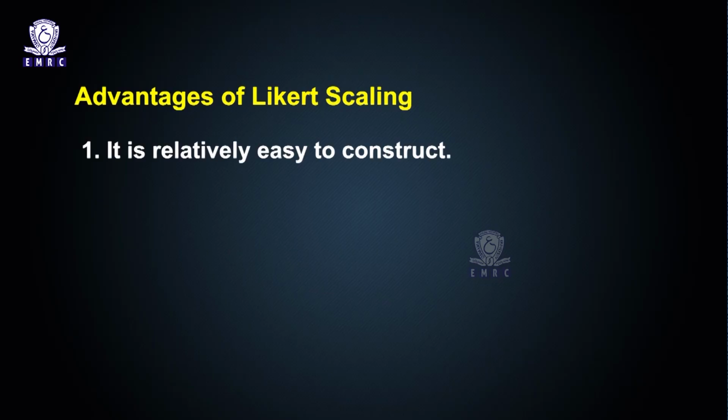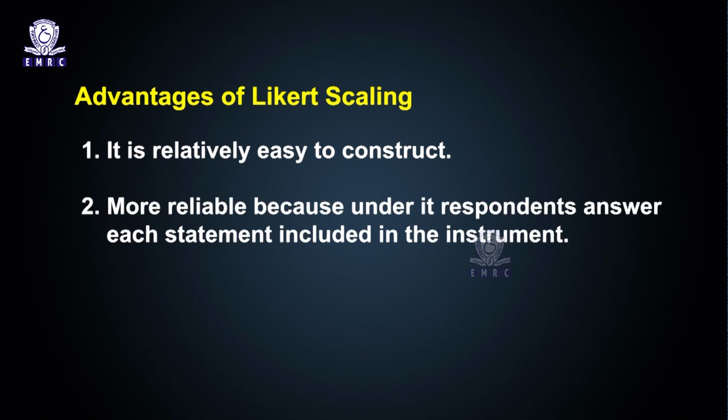The first one is it is relatively easy to construct the Likert type scale. Second one, Likert type scale is considered more reliable because under it respondents answer each statement included in the instrument.